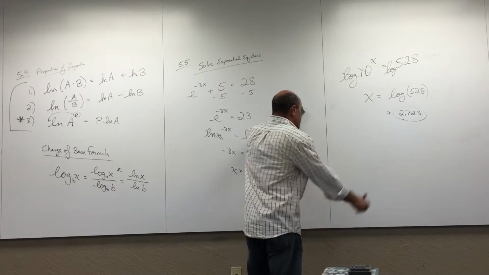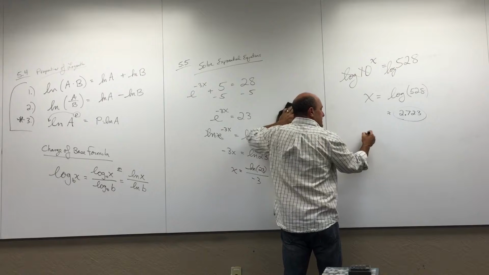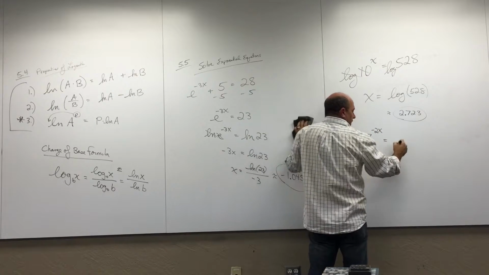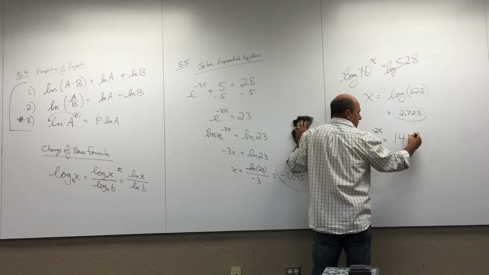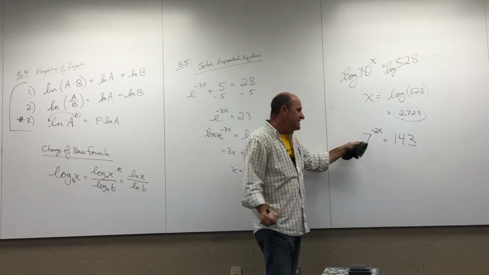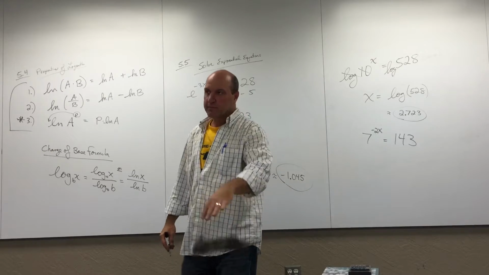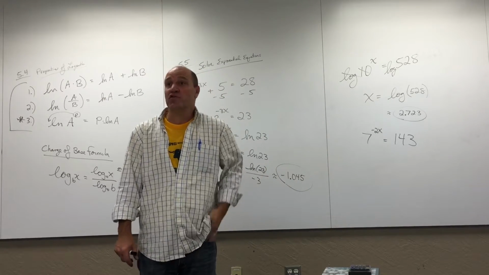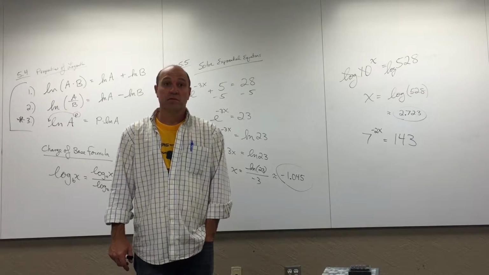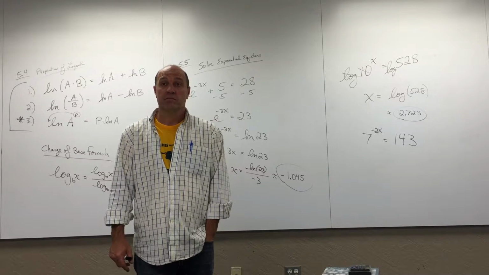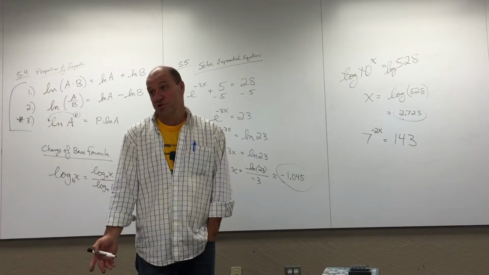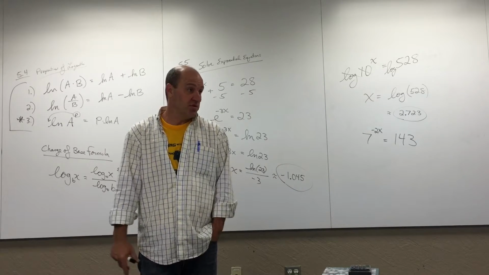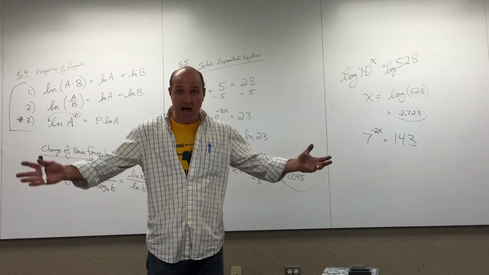If it's 7 raised to the negative 2x equals 143, now I got to kill the base 7. So maybe your logic is, if you want to kill the base 7, you should use a log. Which log should you use? Log base 7? I mean, maybe you should use log base 7 to kill the 7. That's the logic, you guys.